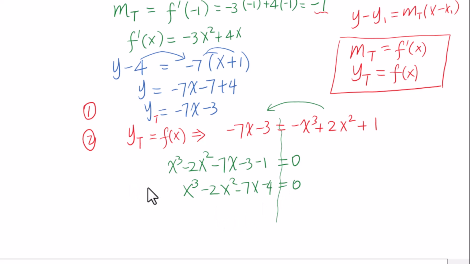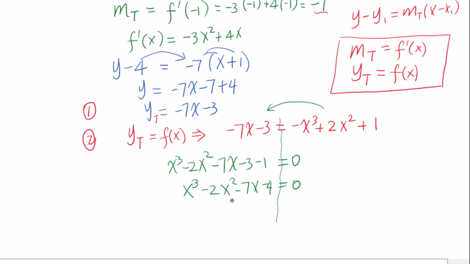Since this question is from paper 1 without a graphing calculator, we are supposed to solve a cubic equation by synthetic division or factoring by grouping. Definitely, we cannot solve by grouping.